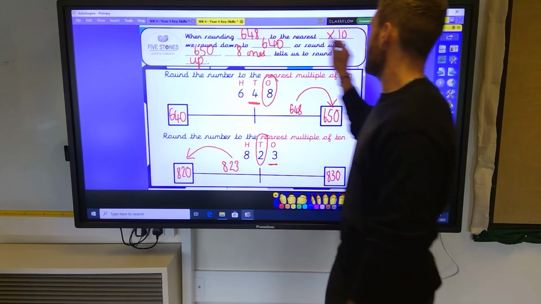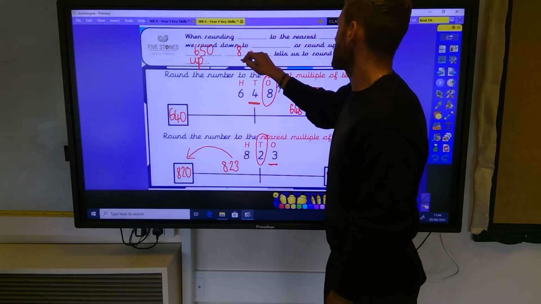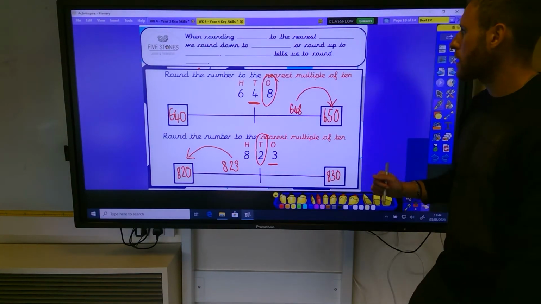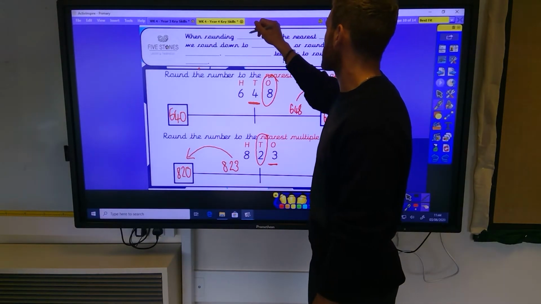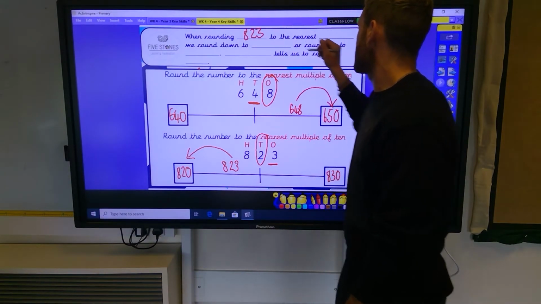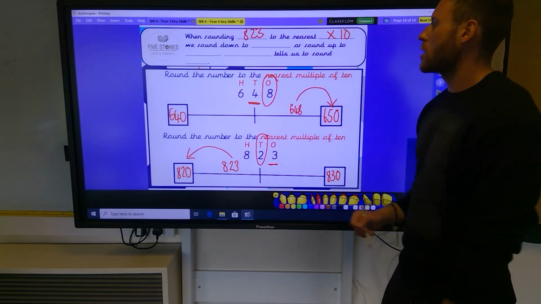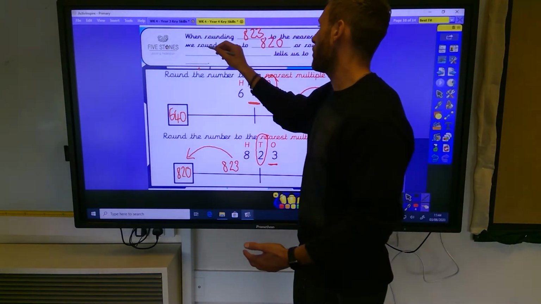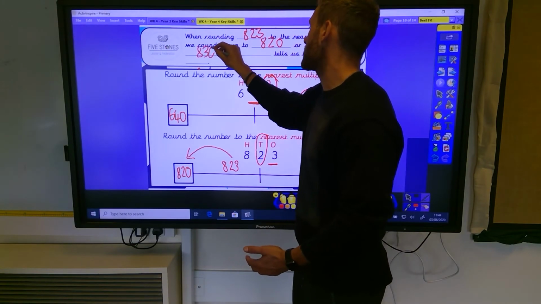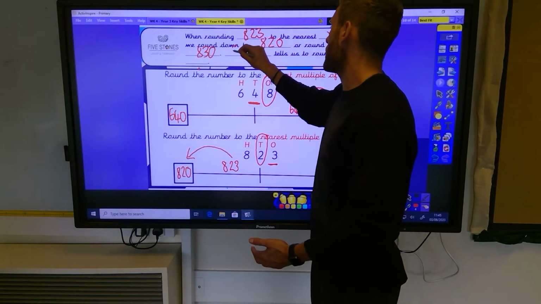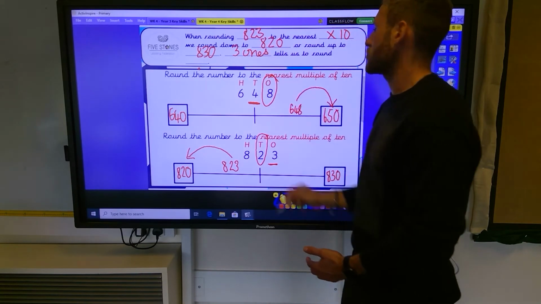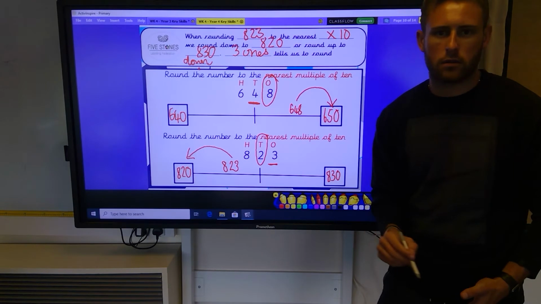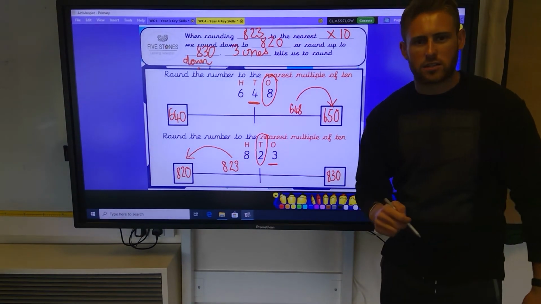So if I just get my rubber and get rid of this for a second, we put that information into that problem. When we round 823 to the nearest multiple of 10, we round down to 820 or round up to 830. Then the 3 ones tells us to round down. Fantastic if you managed to solve that.